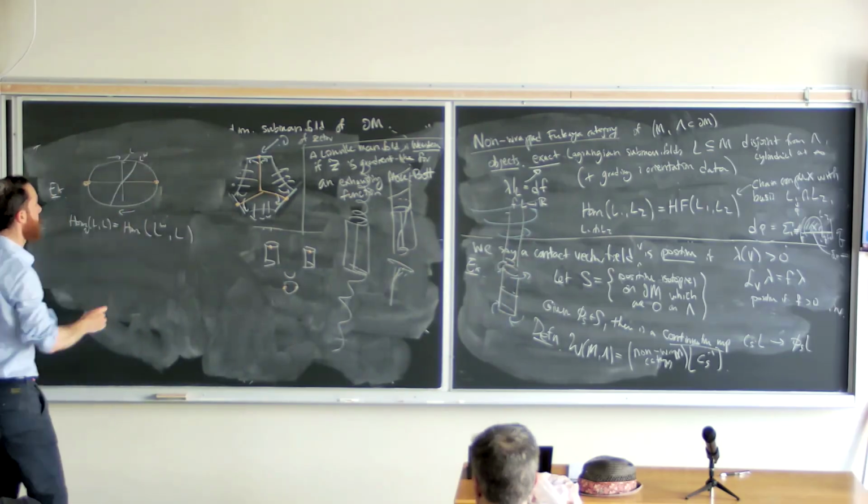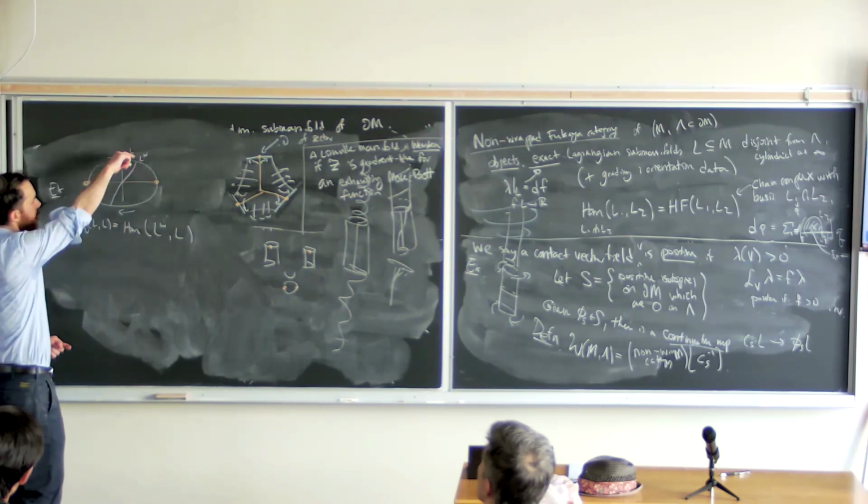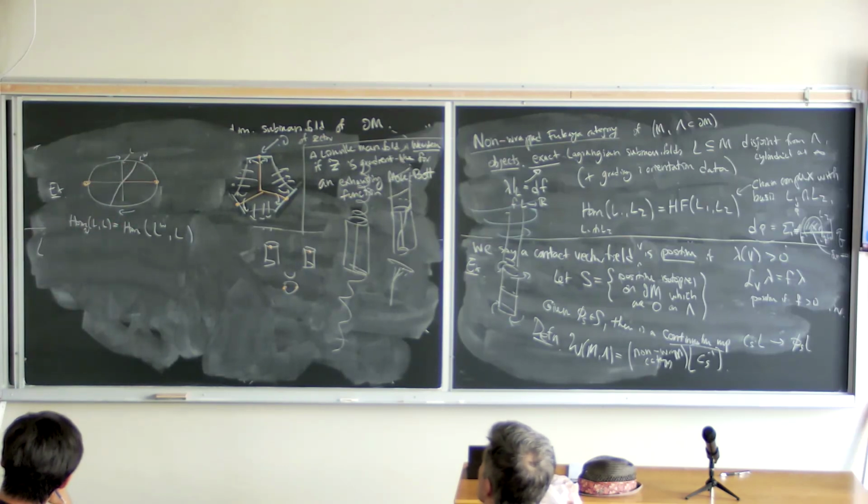The point, what I was saying before, is that given this Lagrangian L, I have this series of bigger and bigger wrappings of L, where each wrapping I do is deforming me further in the direction of a positive contact isotopy.